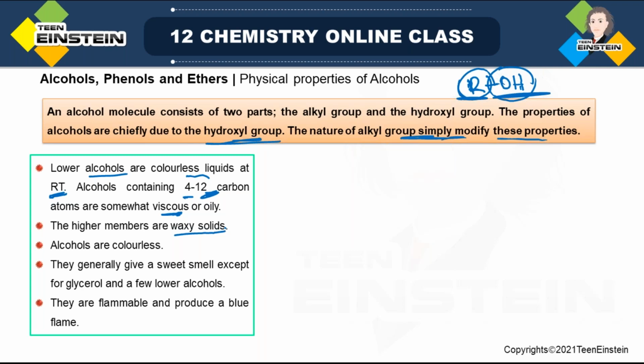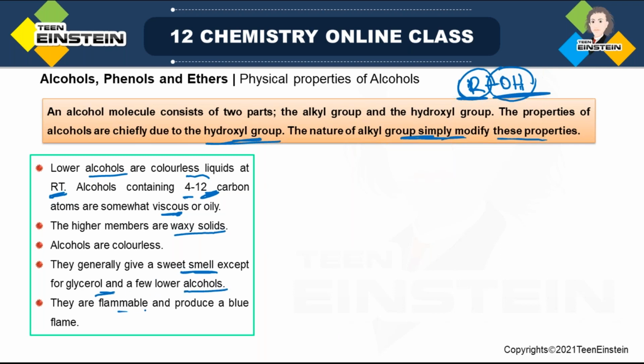As the molecular weight increases, because carbon number increasing means hydrogen also increases, molar mass increases. So gradually the physical state changes from liquid, to viscous liquid, and finally waxy solid. But they are colorless in nature. What type of smell do we have? There is a sweet smell except for glycerol and a few lower alcohols.